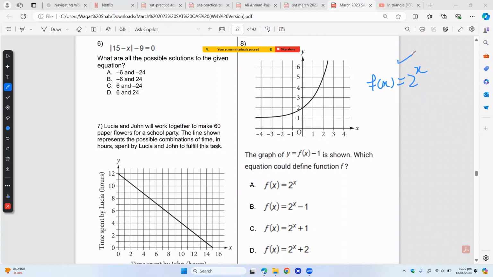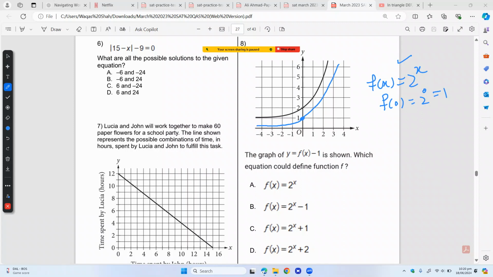The graph of this function will pass through this point, because when x is equal to 0, it will be 2 power 0, which is equal to 1. It means that if the domain is 0, the function will be equal to 1. It will go like this, and it will come close to 0 when it goes in the negative direction.